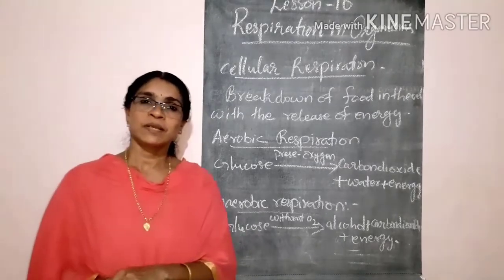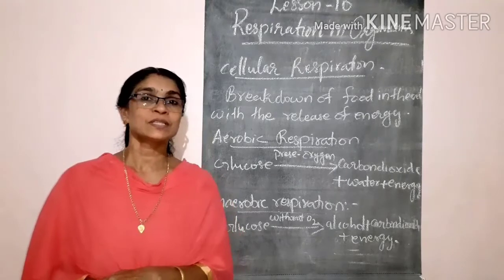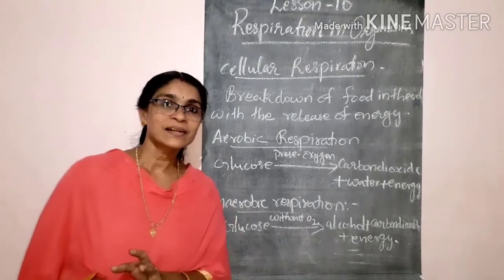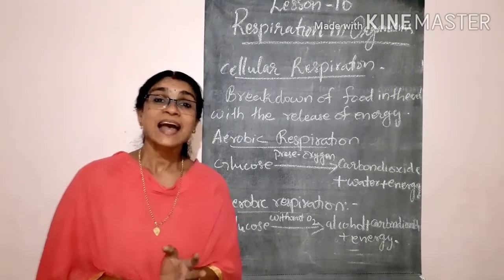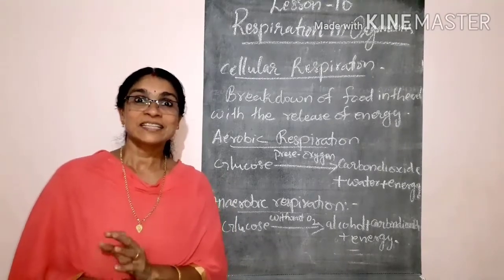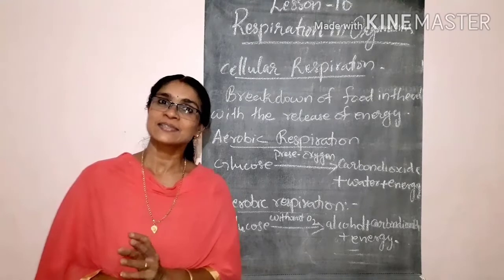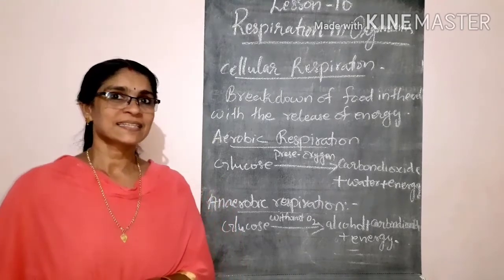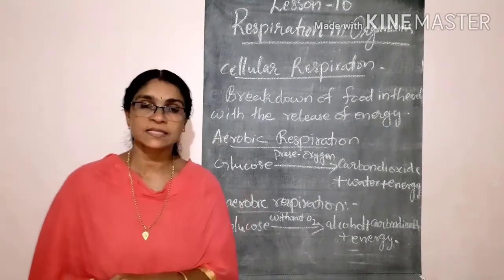Anaerobic respiration means the breakdown of glucose into alcohol, carbon dioxide and energy without the presence of oxygen, which takes place in yeast cells and also in muscle cells and in some other organisms.